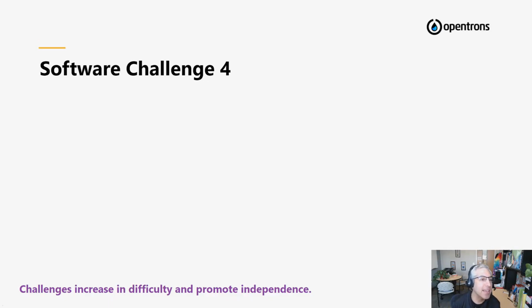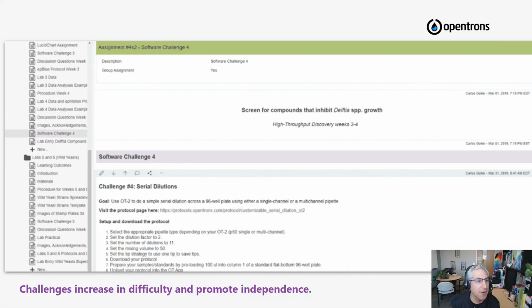And then by the time we get to software challenge 4 in week 4 of this 8-week course, you'll note that the software challenges become a little less prescriptive. The goal is stated, but then we just say, visit the protocol page here, download the script, and now edit the script to do this, or to do this number of samples instead.